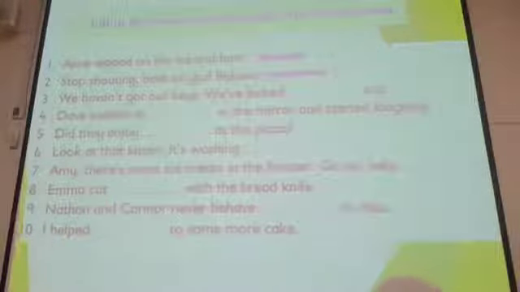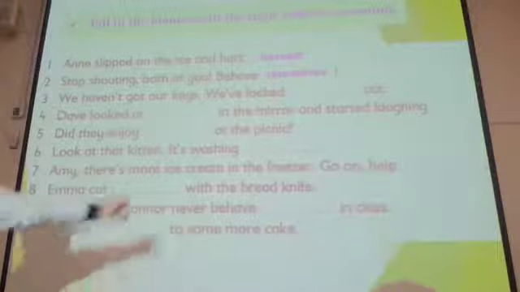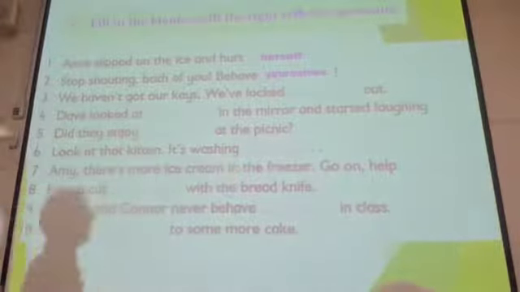Good. Next one. We haven't got our keys. We have locked, the pronoun we, okay? So what is the right reflexive pronoun for this one? We have locked ourselves. Good. The next one, 4.